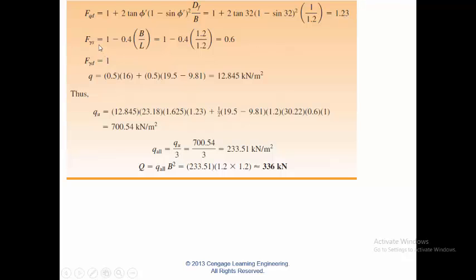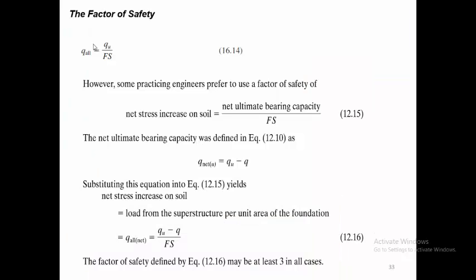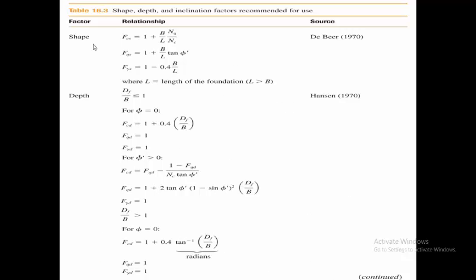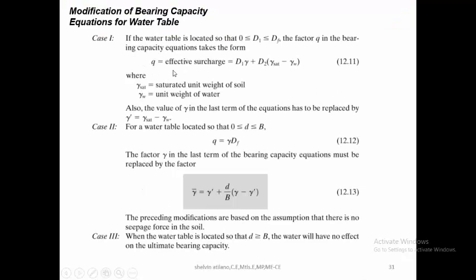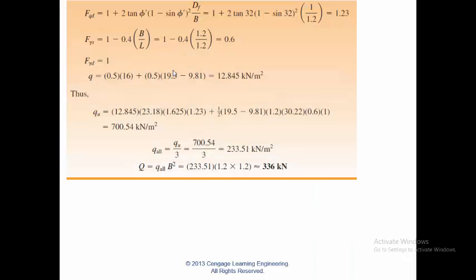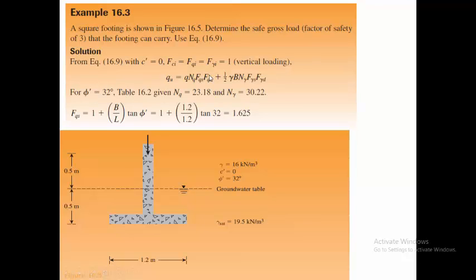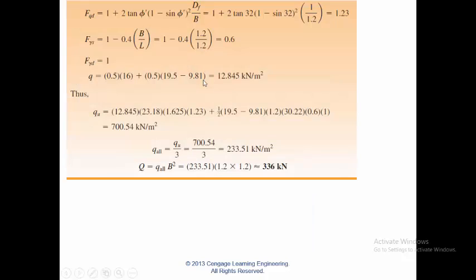Then what is F gamma S? F gamma S is still under shape factor, 1 minus 0.4 B over L, which is 0.6. Using the formula, we now substitute all the values.